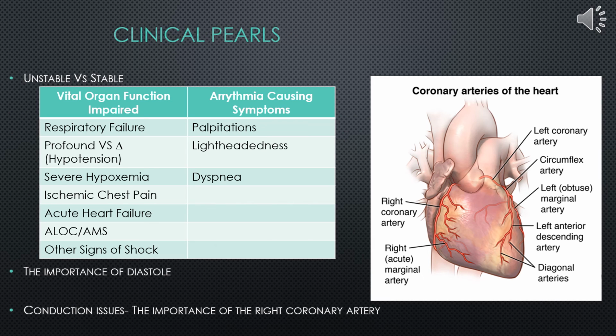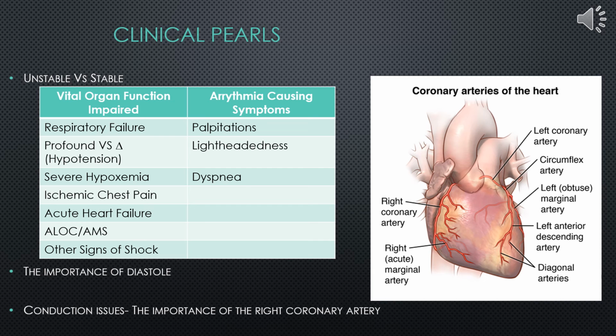First, I wanted to touch on a little bit more about unstable versus stable chest pain and stable versus unstable cardiac issues. And when we're looking at an arrhythmia, what does that mean? Stability is really going to be a lot based upon the morbidity of the arrhythmia that you're evaluating and the patient condition.